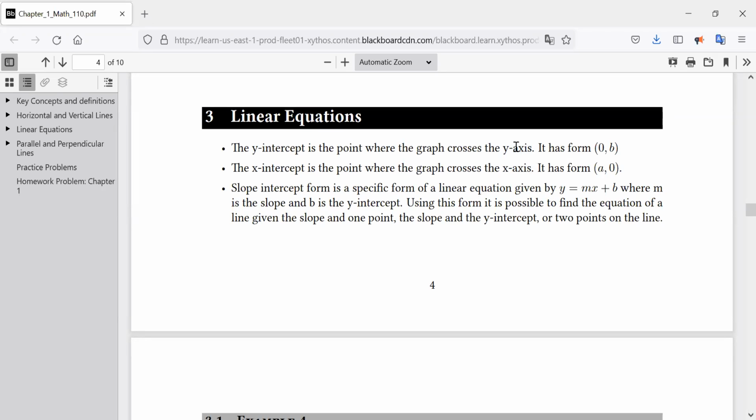One of the reasons we really like having the y-intercept is that the nicest version of the equation of a line to work with is this one right here. That's called slope-intercept form, because we have the slope and we have the y-intercept. And this is entirely defined by those two things. Cool, does that make sense?